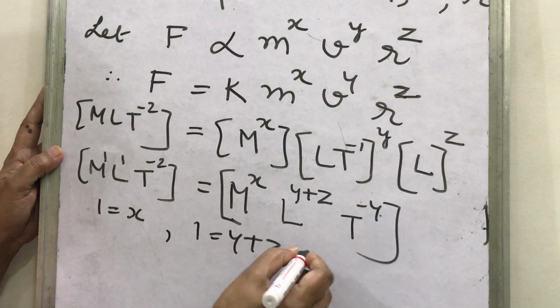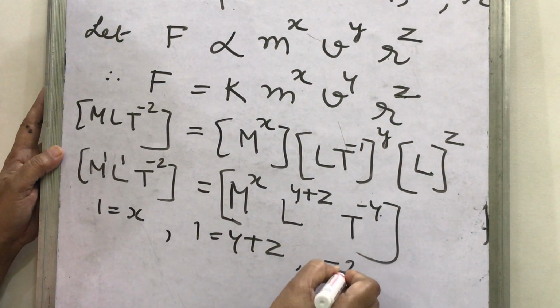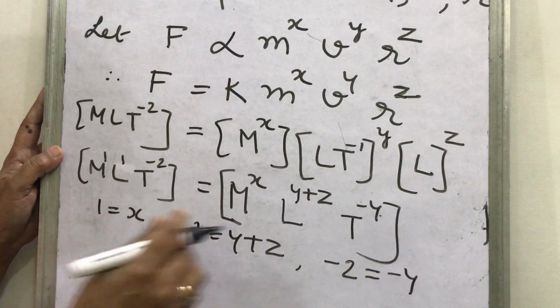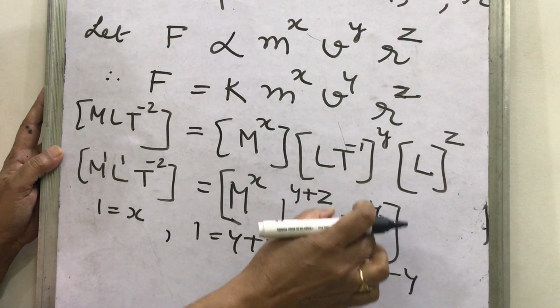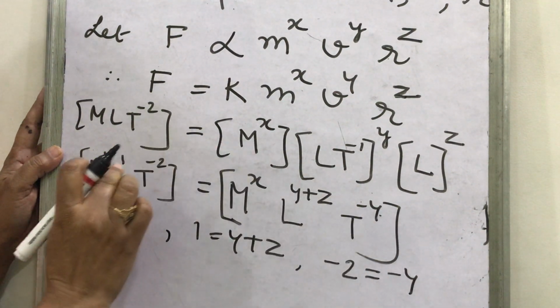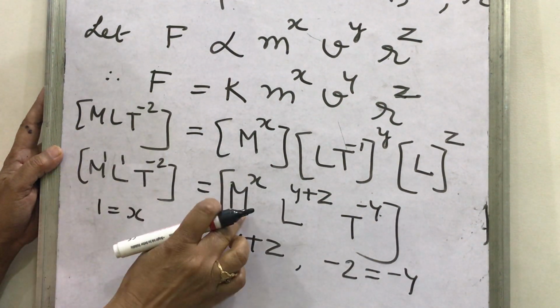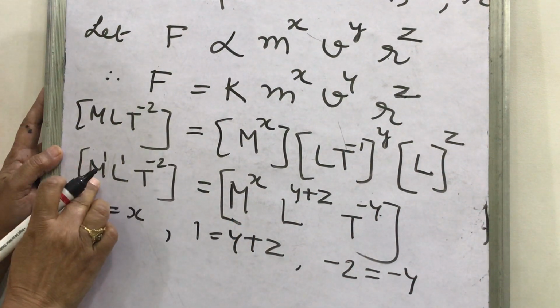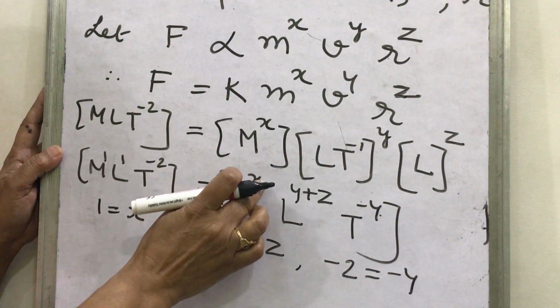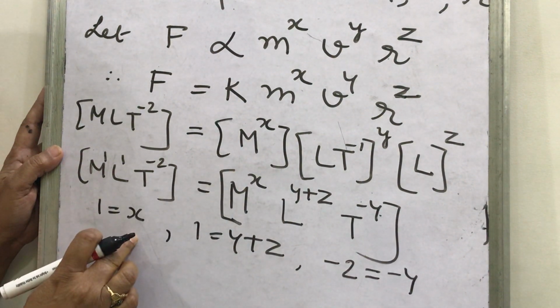T to the power minus 2 here, so the other equation is minus 2 equal to minus y. So we are comparing the dimensions of the same physical quantity on both sides. We have taken mass here, and mass here also. Same physical quantity. What is the power here? 1. What is the power here? x. So you have written 1 equal to x.